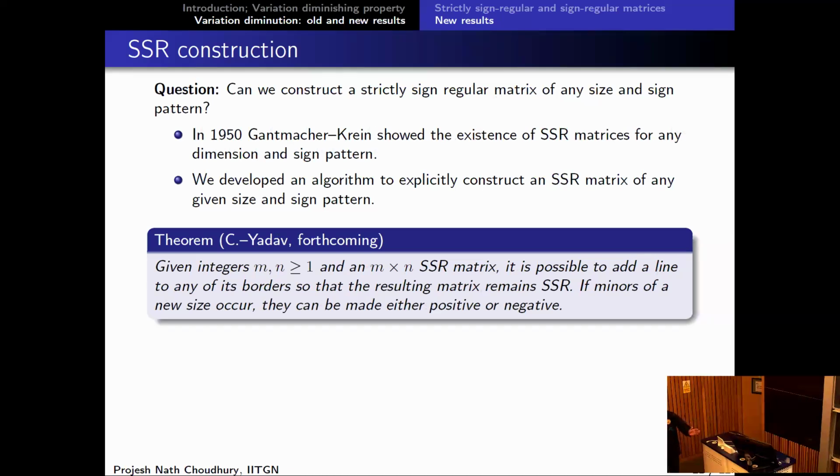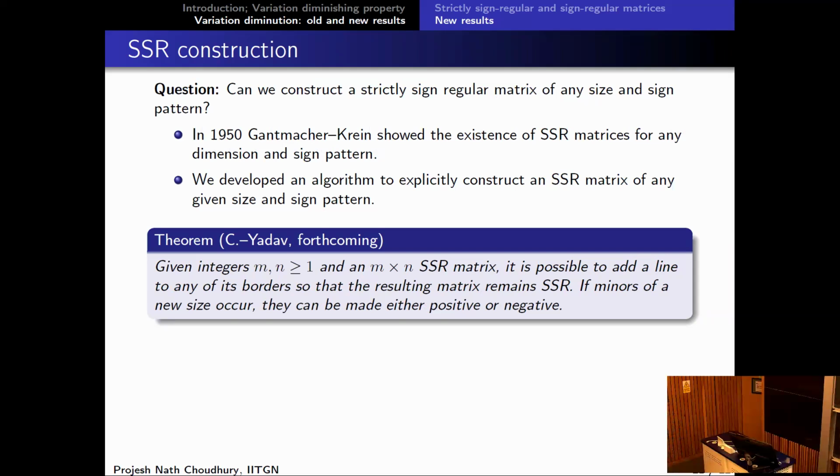The smaller order minors keep their signs, and the new order minors will be of that particular sign. Within this, we are able to develop an algorithm. You can start with one particular entry and algorithmically construct any SSR matrix. So the sign of the larger minors depends on us. That is the result.